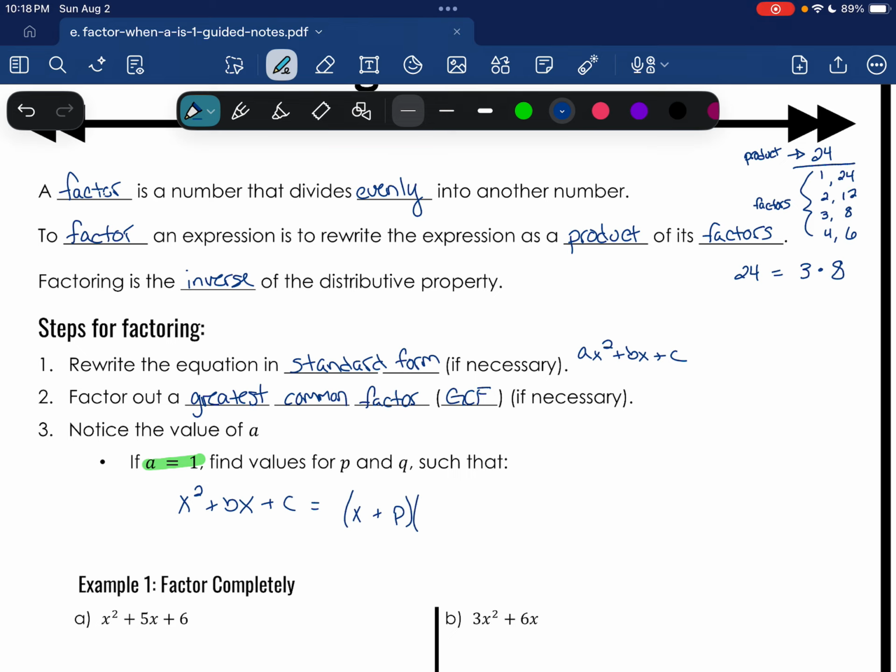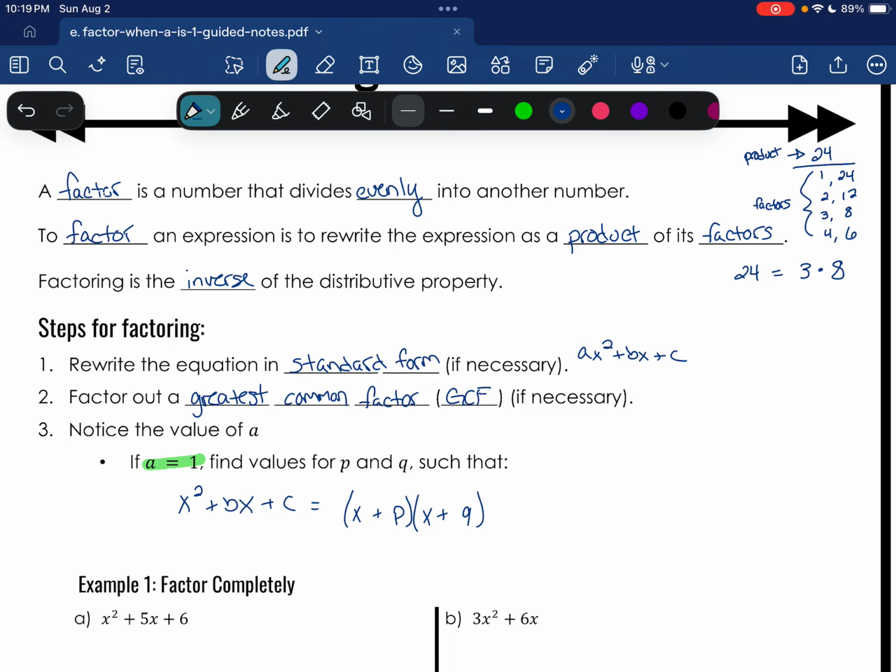So, for example, if we were to think about that expression FOIL, or to double distribute this back out, what would happen is we would have x times x. That gets us that x squared. Okay, so that's how I knew that was going to be there. Then our outside and inside, we'll skip for a second.